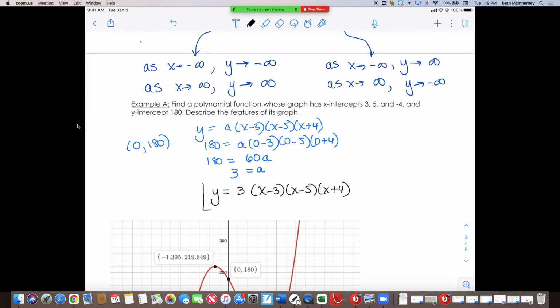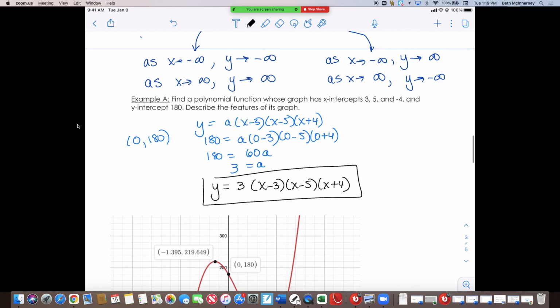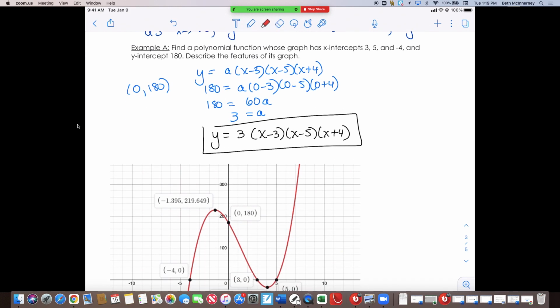Now it says, describe the features of the graph. So here we go. When it says, describe the features of the graph, let me tell you what that means. You want to do any extreme values. You want to describe end behavior.